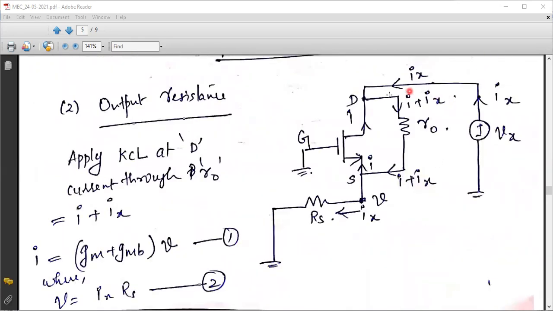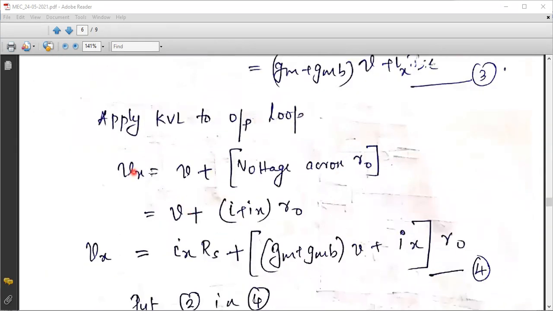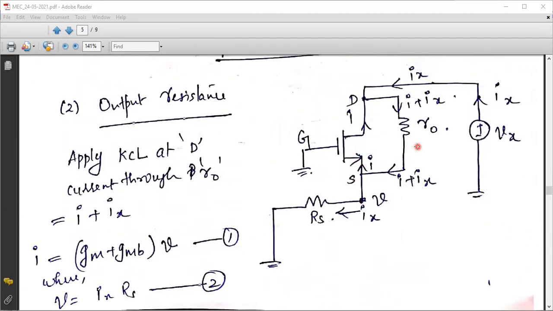Now start applying KVL to the output loop. Your input voltage is Vx, right? Some voltage is dropping across Rs and another voltage is dropping across D and S. So there are two fractions of this Vx.